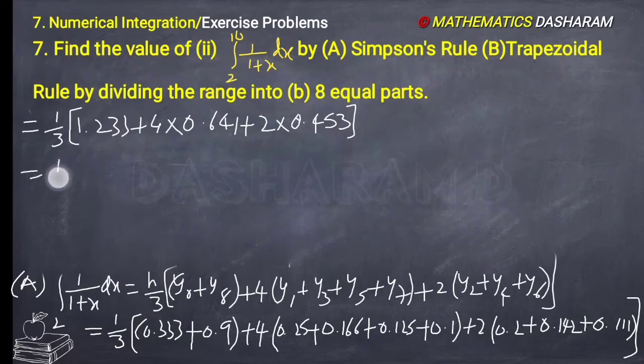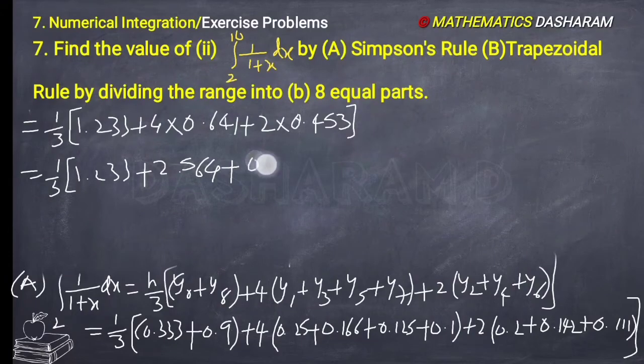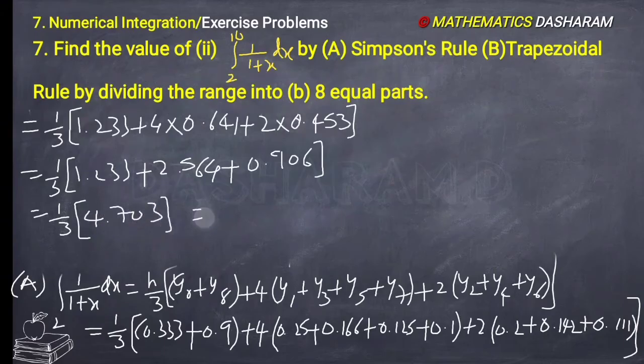So it is equal to 1 by 3 bracket of 1.233 plus 4 into 0.641, that is 2.564, plus 2 into 0.453 is 0.906. So 1 by 3 bracket of 1.233 plus the addition of these three decimal numbers is 4.703, then it is equal to 1.567.